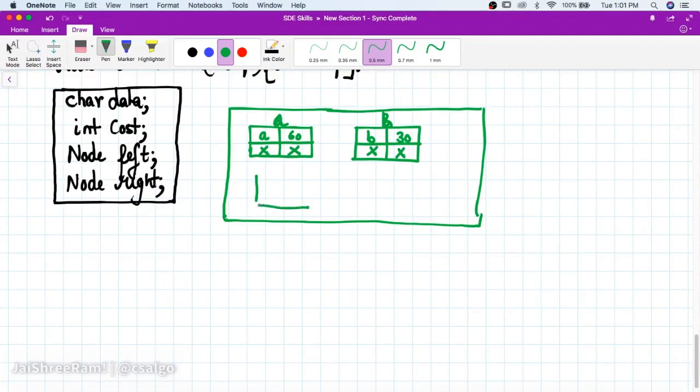Another node which I will also be having is C, with its cost, its left null, its right null. And then I will be having D, data as D, cost as 2, its left null, its right null.